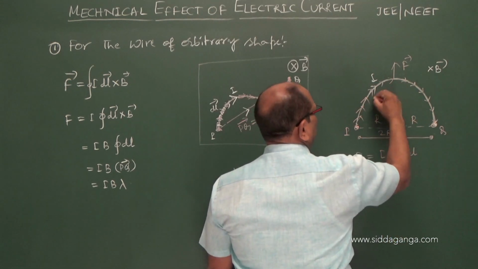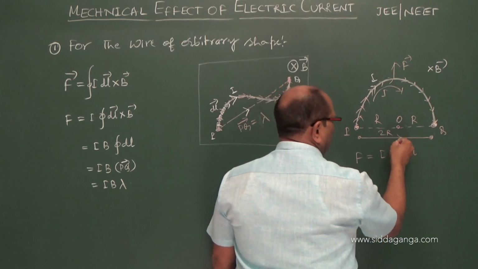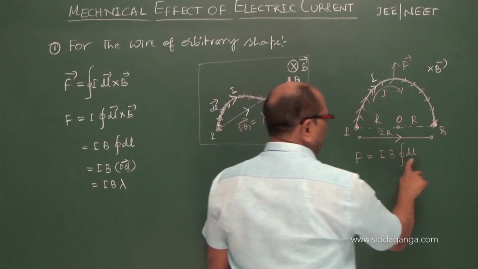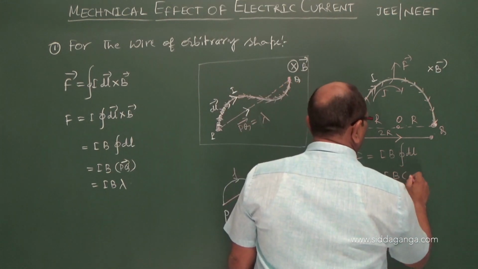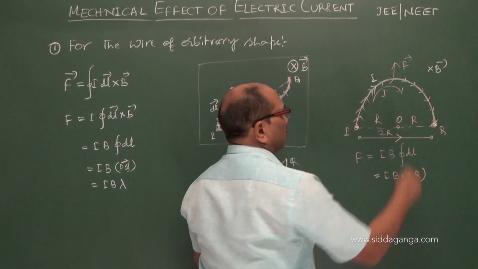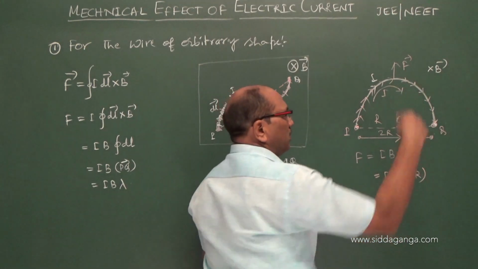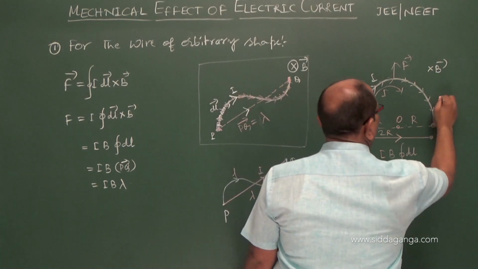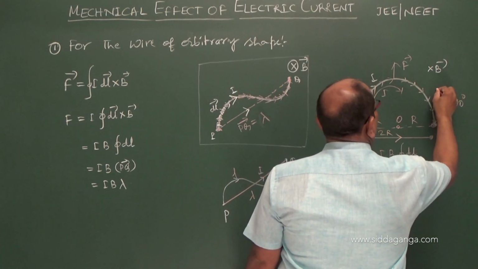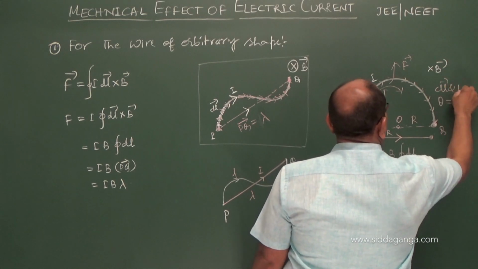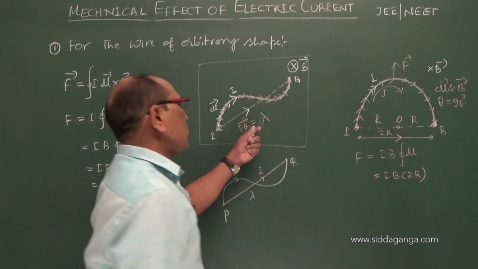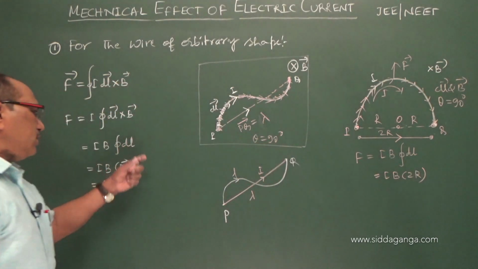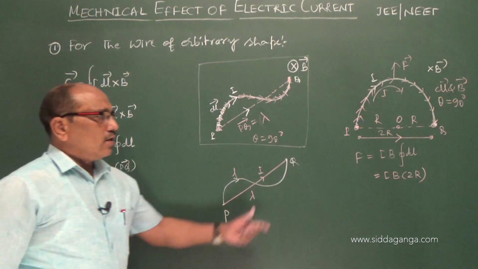I can take here the direction of the current, and the integration of dl gives IB into 2R, because sin theta is 90, B is perpendicular to the board. Even if I write sin 90, theta is 90 degrees between dl and B. Even in this case it is in the plane, theta is 90 degrees. That is why I have not taken the theta value in these cases. I think you have followed.